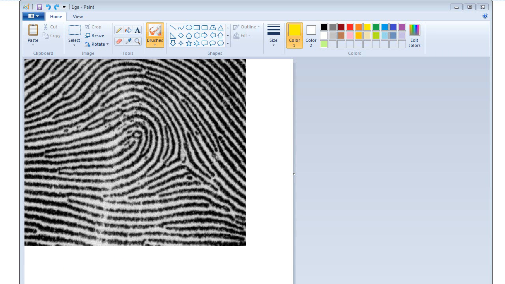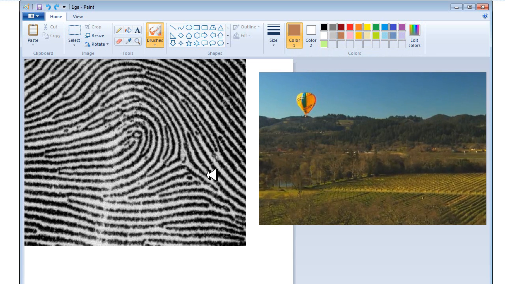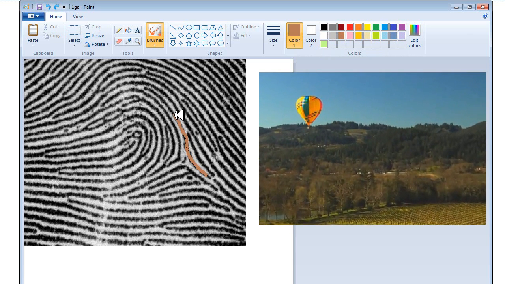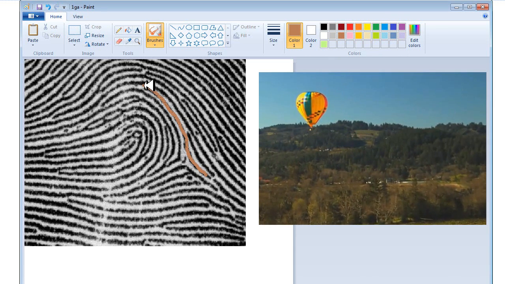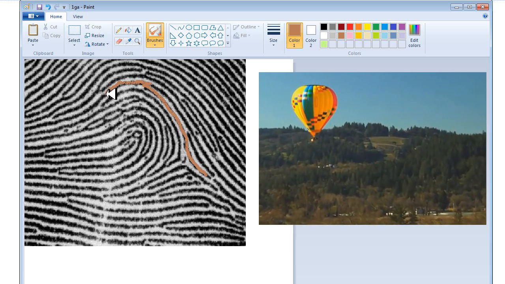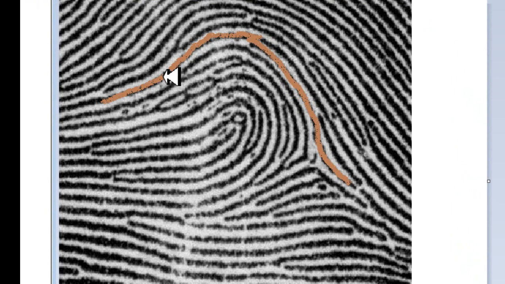Let's see how well the analogy works with the loop, and I'm going to begin by just highlighting the type lines. And in the case of a lake, this would be the shoreline. Okay, so the shoreline is going to go in this approximate direction here. That is one shoreline, or in the fingerprint nomenclature, that would be a type line.